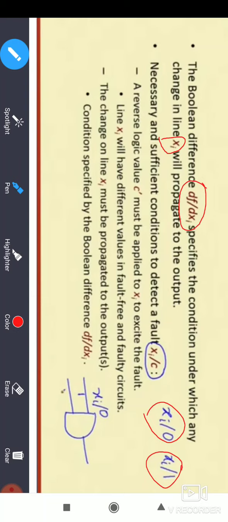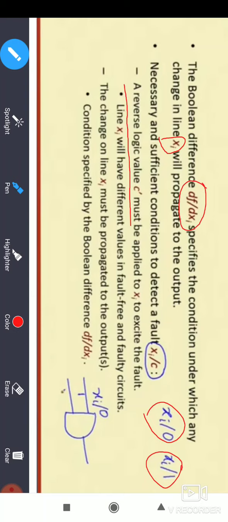Last class we worked on the netlist, meaning logic gates and interconnections, but in this method we work with Boolean expressions or Boolean functions. For excitation, a reverse logic value C bar must be applied to xi to excite the fault.